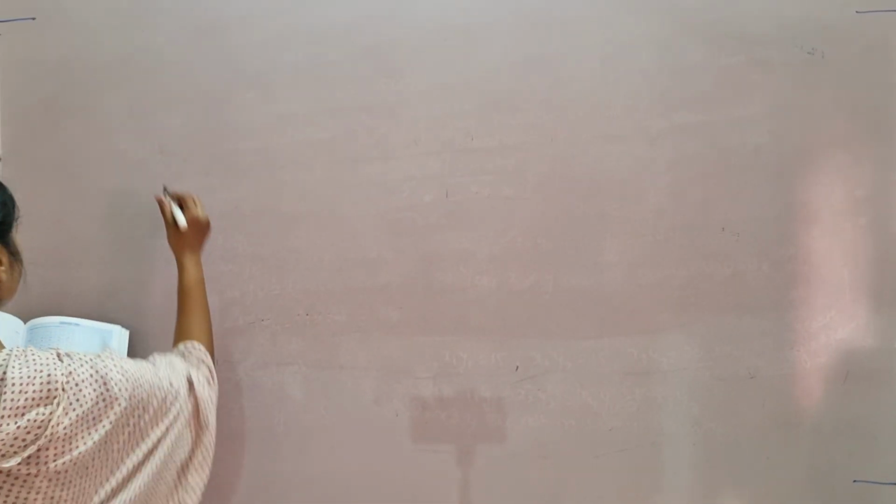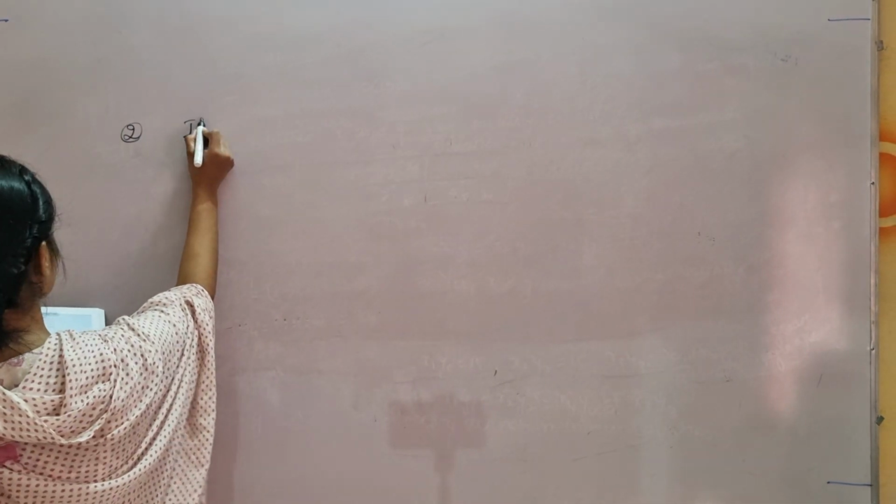In the second sum, they have given that x and y vary inversely.